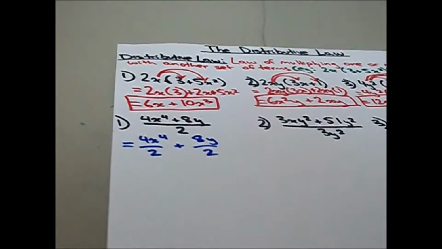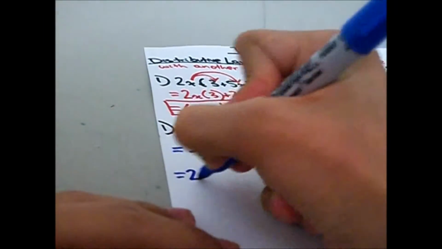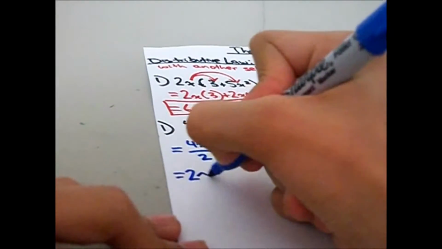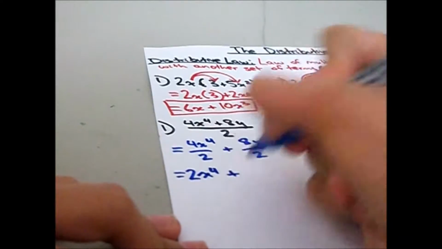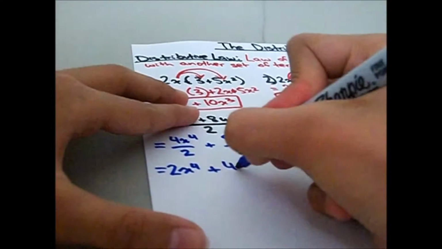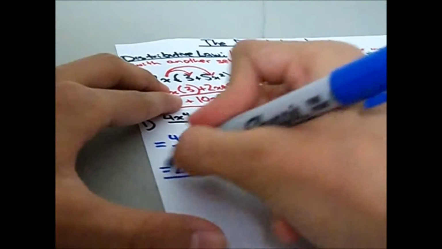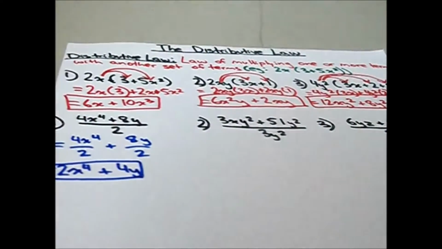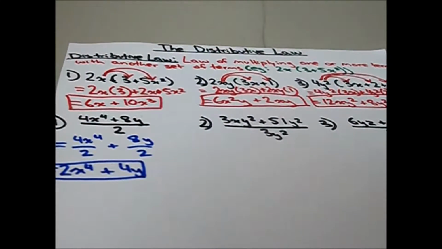Dividing 4 by 2 will leave us with 2, so we just write 2 and put x to the power of 4 beside it. Same thing with 8y divided by 2. 8 divided by 2 will give us 4, and we just put the y beside it. There we go: 2x to the power of 4 plus 4y.